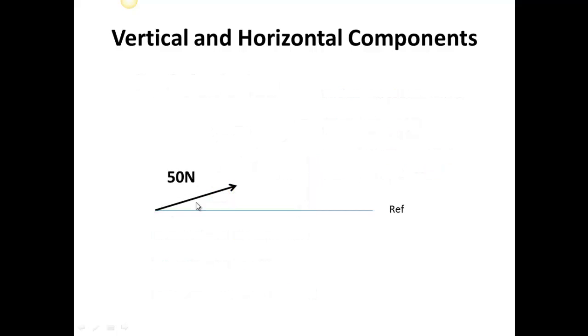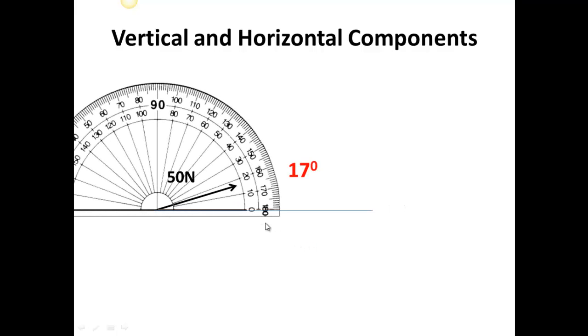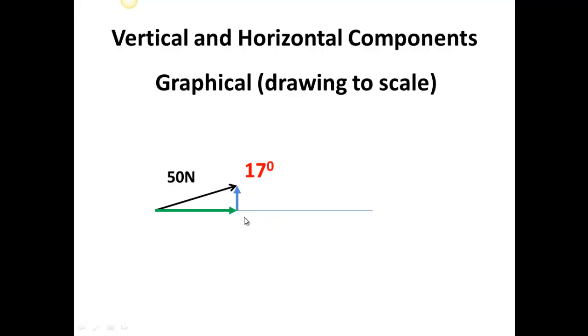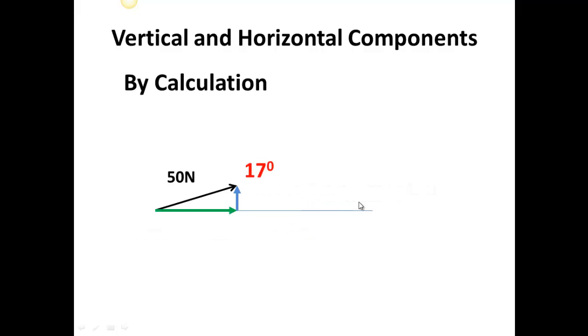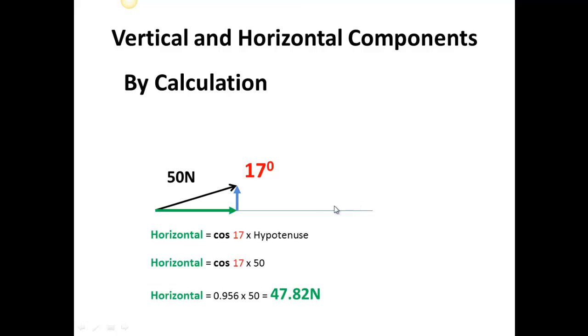We've got another one here, 50 newtons, and again we're going to find its horizontal and vertical components. This is acting at 17 degrees to the reference. So drawing, we get a horizontal component of 48 newtons and a vertical component of 15 newtons. Again, we'll calculate that.